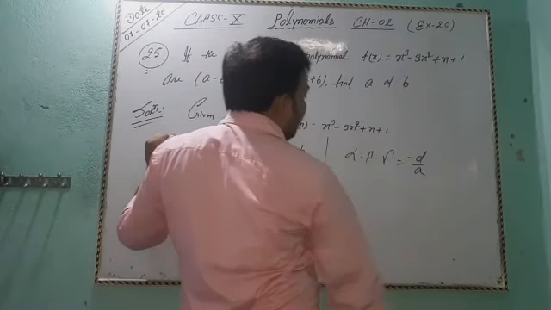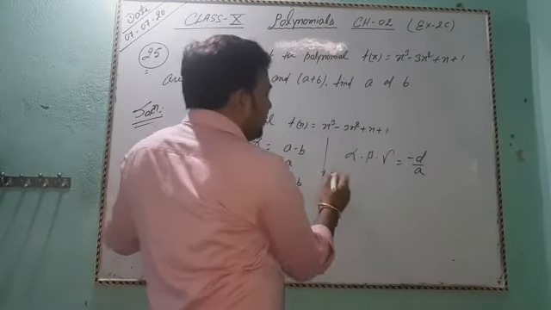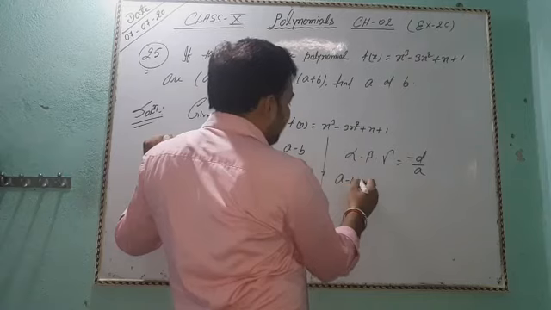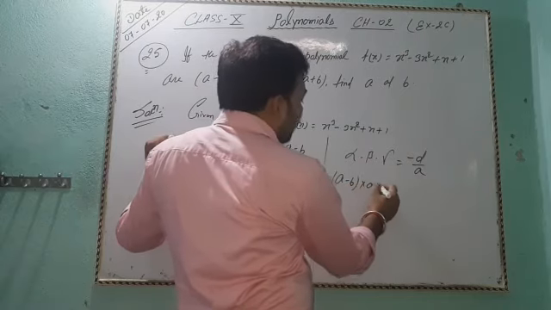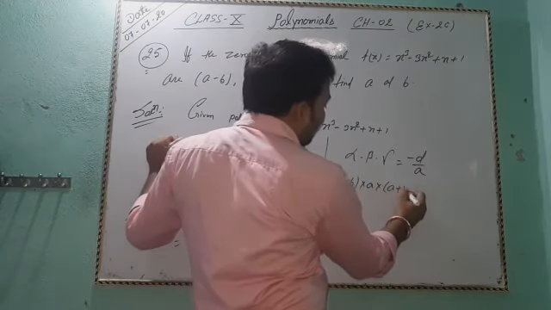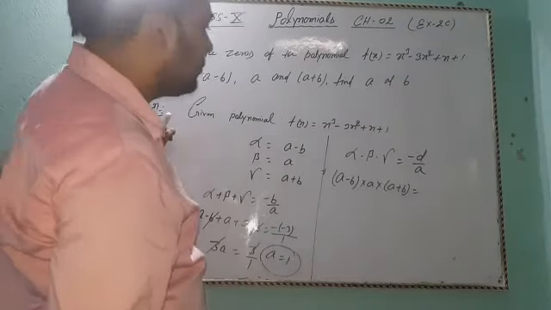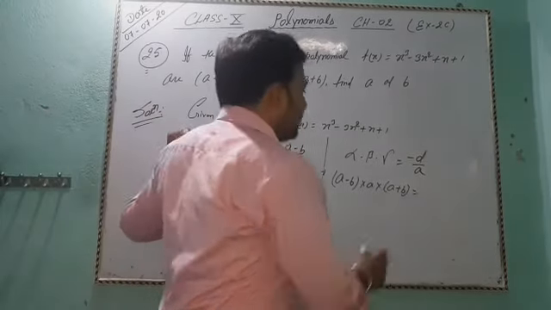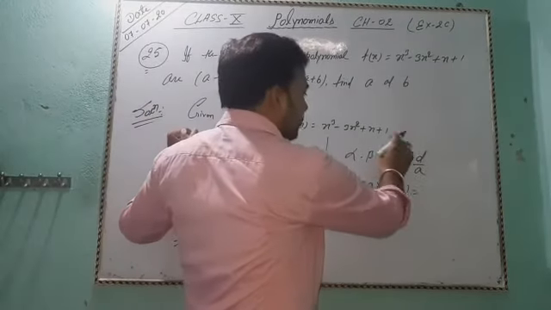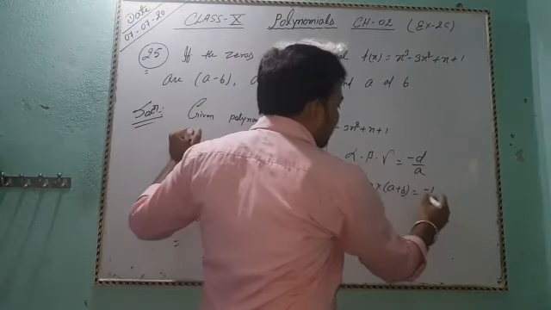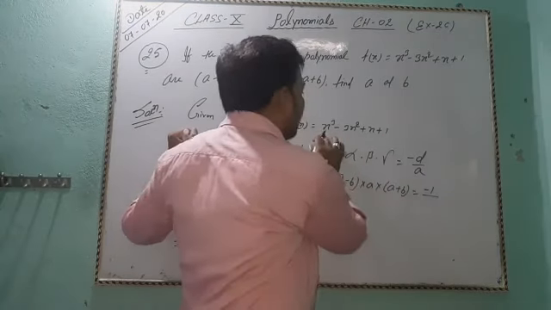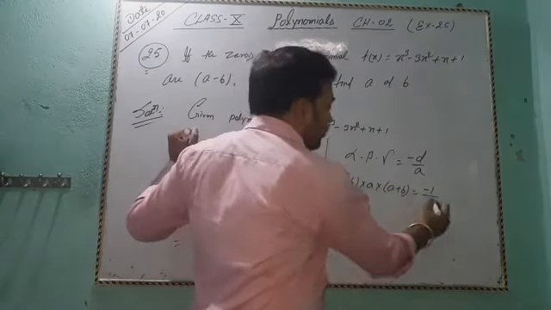So alpha into beta into gamma equal to a minus b into a plus b equal to minus d by a. d is the constant term, so minus 1, and a is the coefficient of x cube equal to 1.